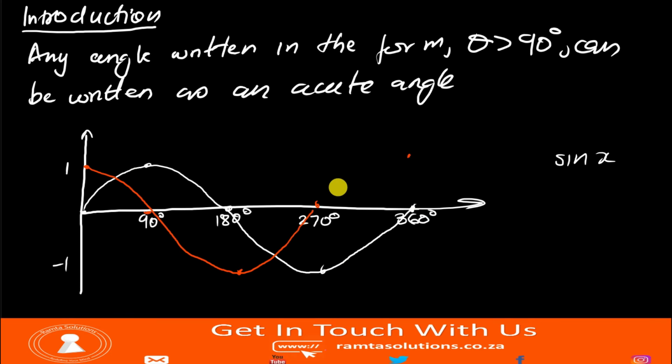This is not drawn to scale, but I hope you have an idea of what I'm talking about. And then you also had this function here, which we call tangent.